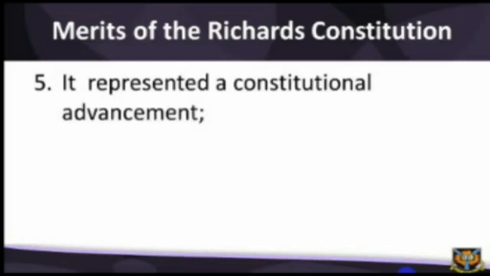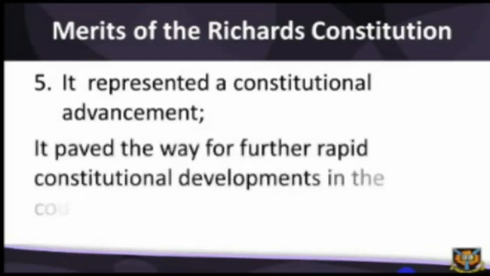Efforts were made to see that all interests and sections were adequately represented and catered for by the Constitution. The incorporation of the native authorities and the adoption of a bicameral legislature in the North by the Constitution were also regarded as a new development. The Richards Constitution represented a constitutional advancement. It paved the way for further rapid constitutional developments in the country.